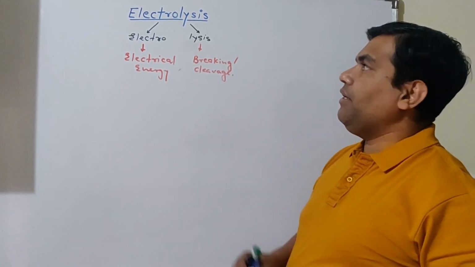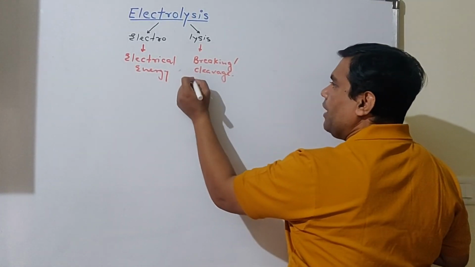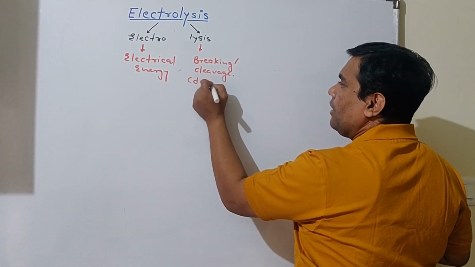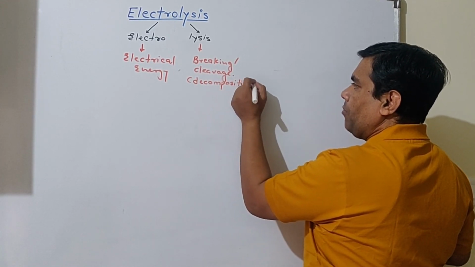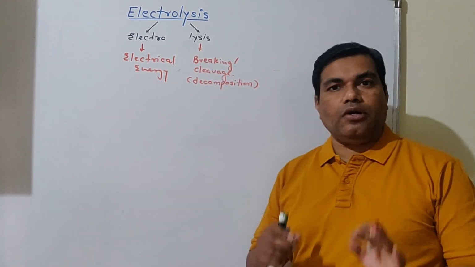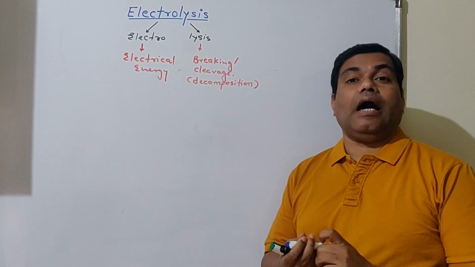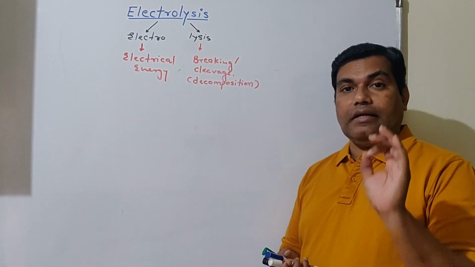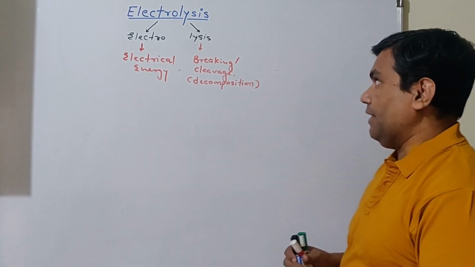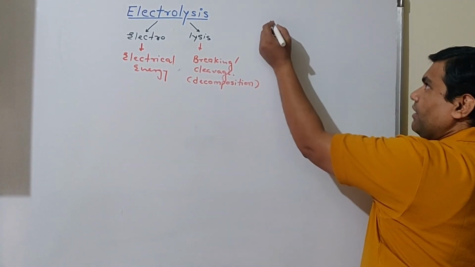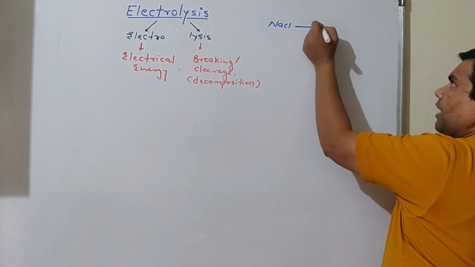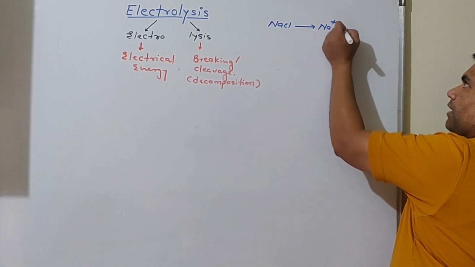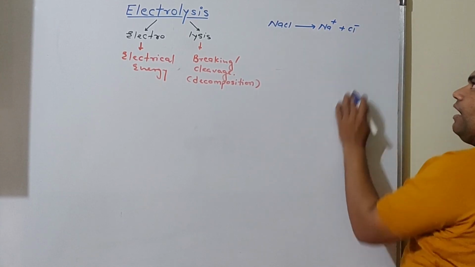In terms of electrolysis, we say decomposition. Now, it is very important to understand there is a difference between ionization and decomposition of an electrolyte. Let's say we have an example of NaCl. NaCl on ionization will give Na+ and Cl- ions.